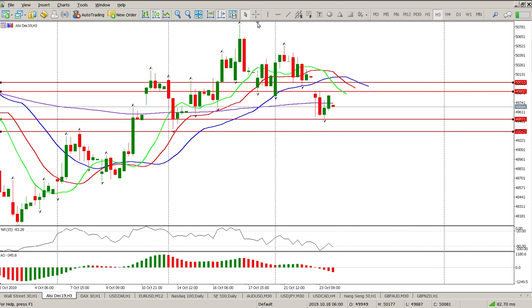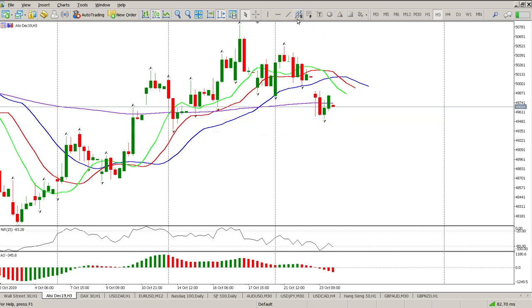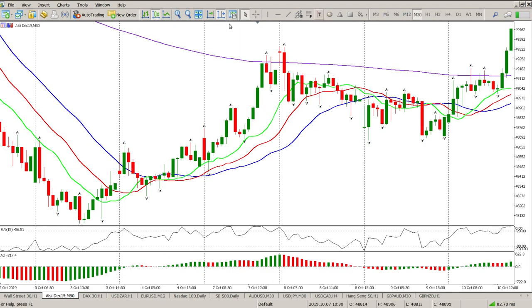But what has happened is we've broken below the alligator. We'll look at the Ichimoku now just to pick up anything there as well. I just want to get these levels in quickly before we drill down.